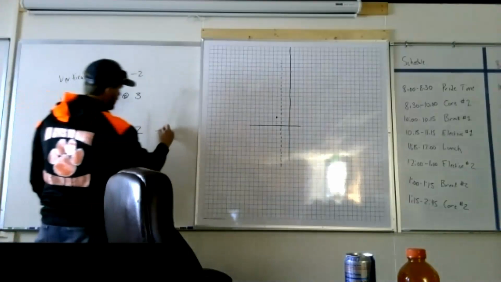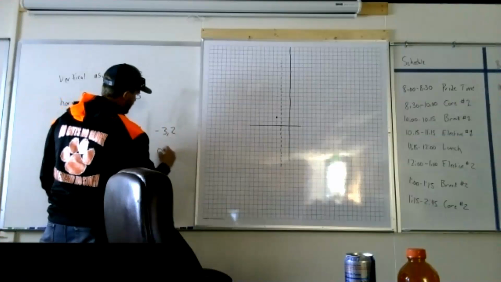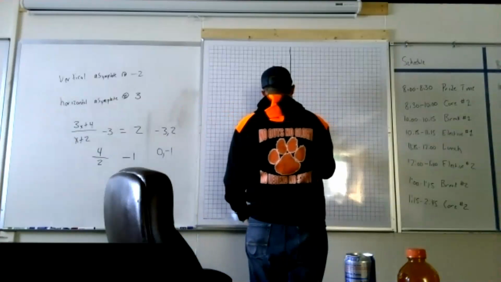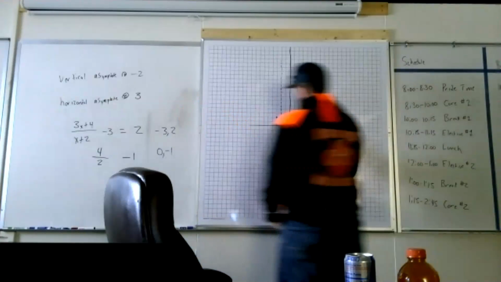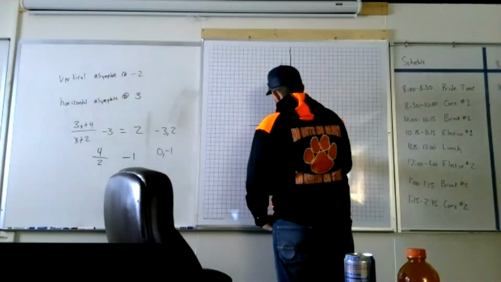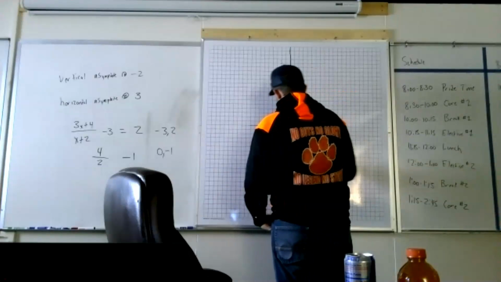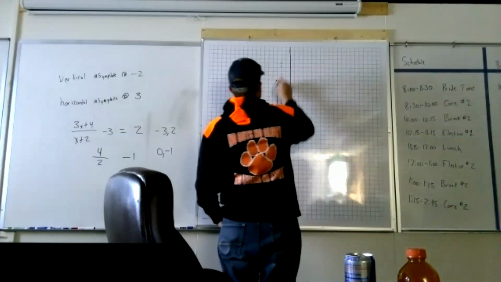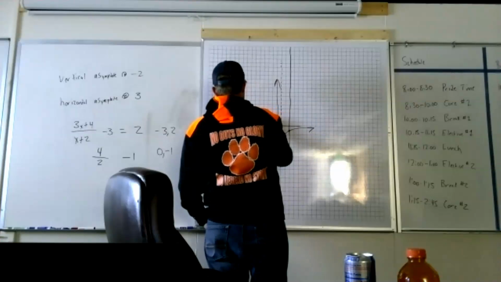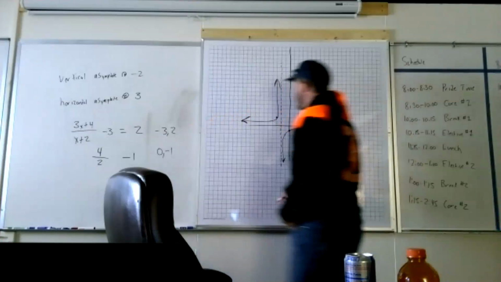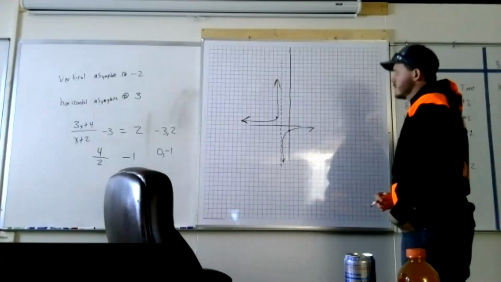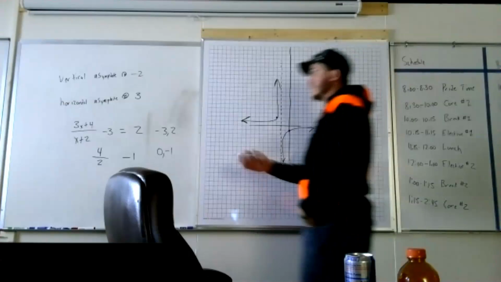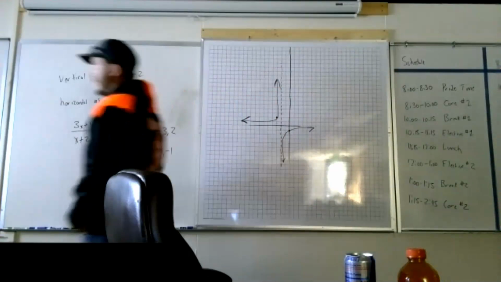So I have the points (-3, 2) and (0, -1), right there. Because my horizontal asymptote has been shifted down to the x-axis, my graph is going to look something like that. That's the graph of that entire function, inclusive of the -3.